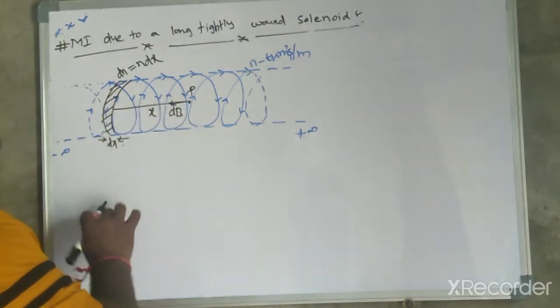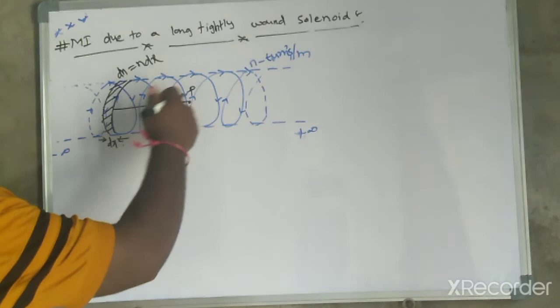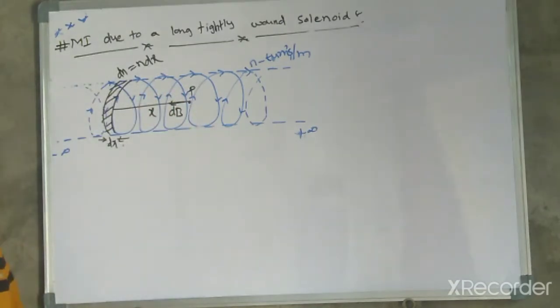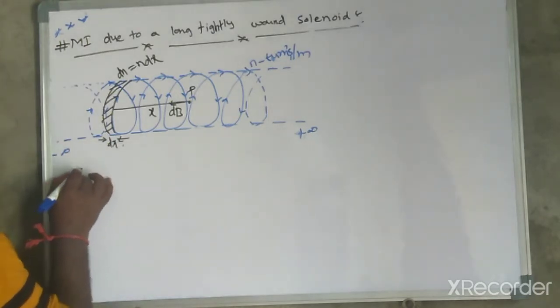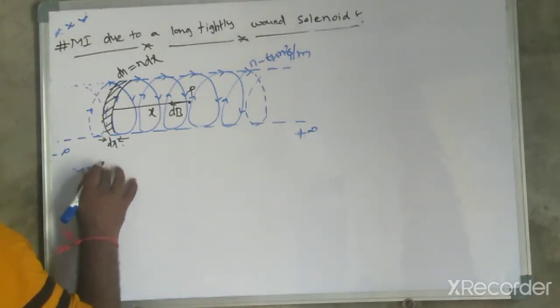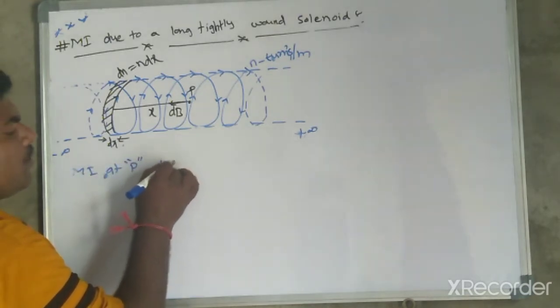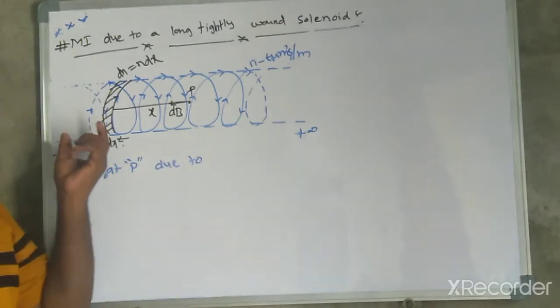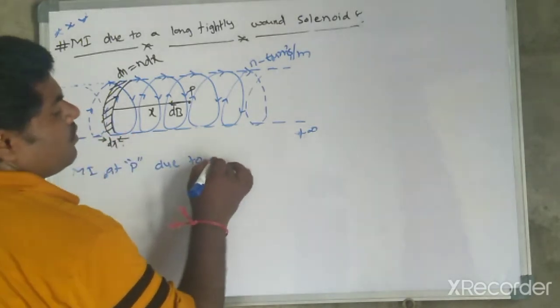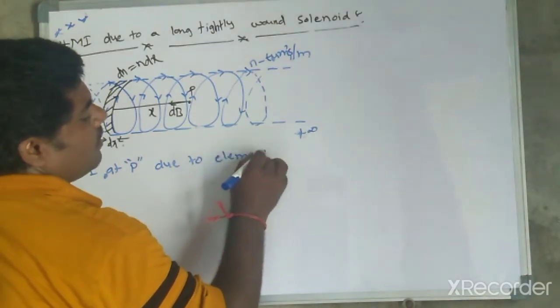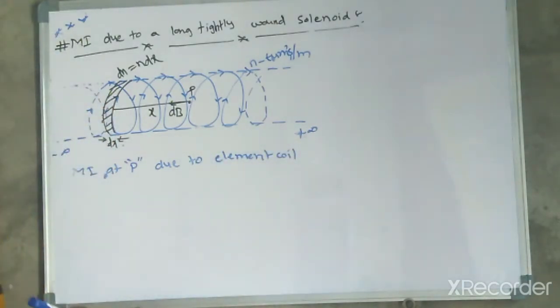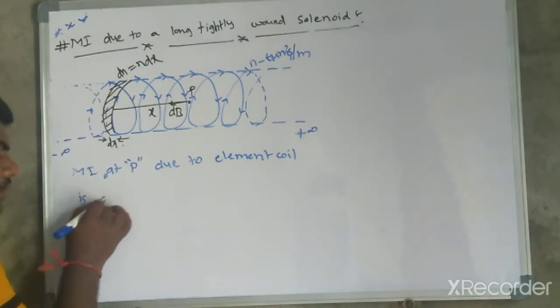This small elemental produces a magnetic field dB. Whenever the current moves like this, this is the magnetic field direction. Here I am going to find the magnetic induction at point P due to this small elemental coil, which is dB.